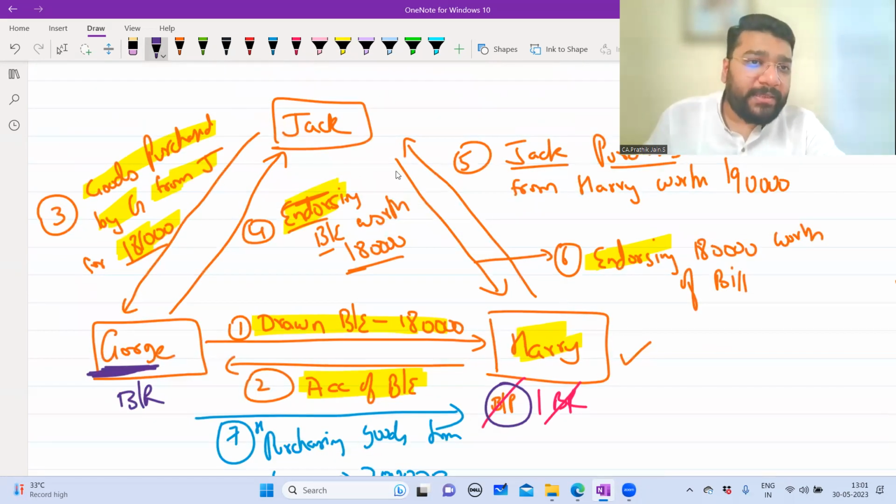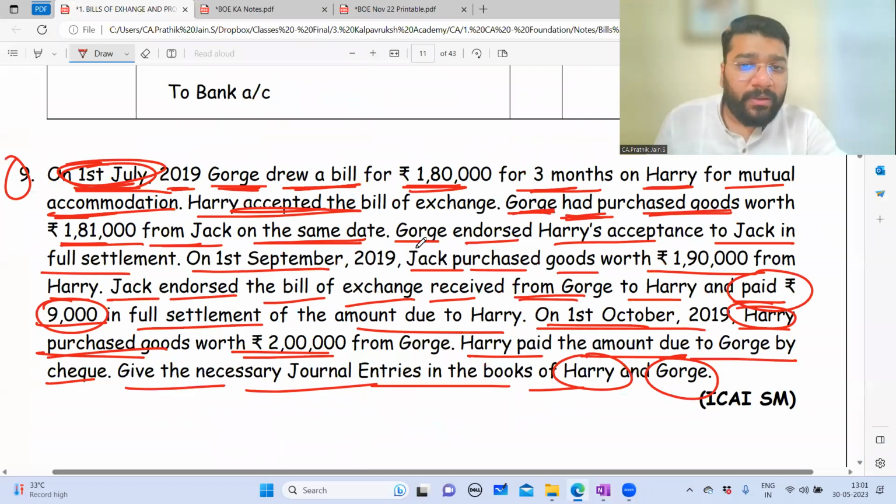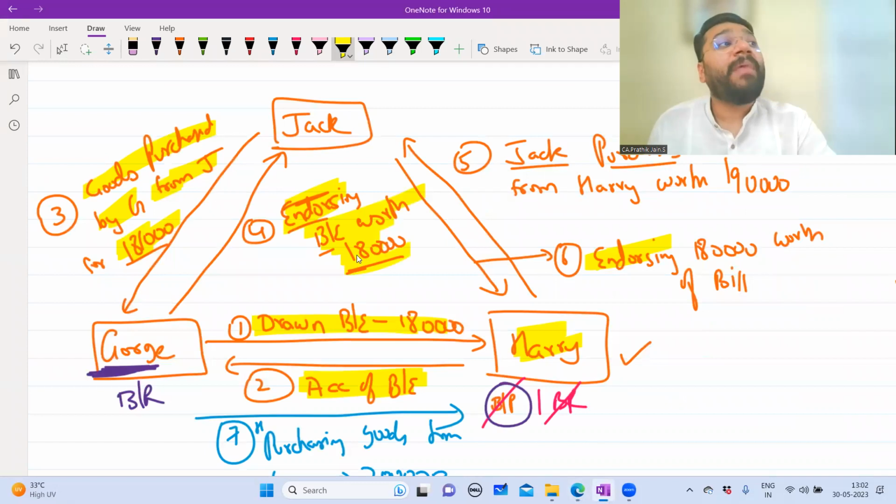Guys, then what is happening? There's a fourth transaction. Once the goods are purchased from Jack, Gorgi endorses to Jack Harry's acceptance in full settlement. Now we are endorsing the bill worth 180 to Jack in full settlement. We are making the payment to the creditor. Can I say endorsing of a bill is as good as making the payment?